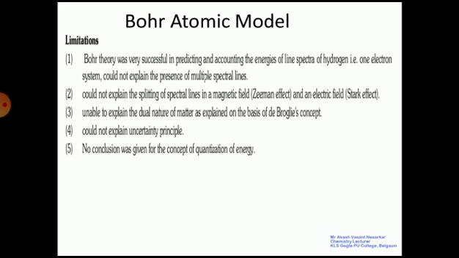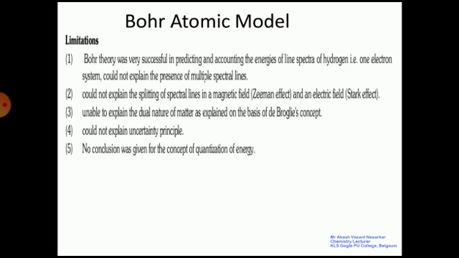The Bohr atomic model and its limitations. As we have discussed in the last class, the postulates of Bohr's atomic model. We know that Bohr model is applicable to only one electron system, and that was the first limitation of Bohr's theory. Let us see one by one. The first one, Bohr theory was very successful in predicting and accounting the energies of line spectrum of hydrogen, that is one electron system, but could not explain the presence of multiple spectral lines.